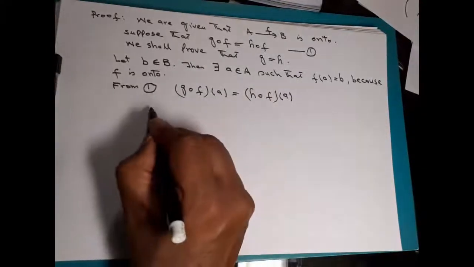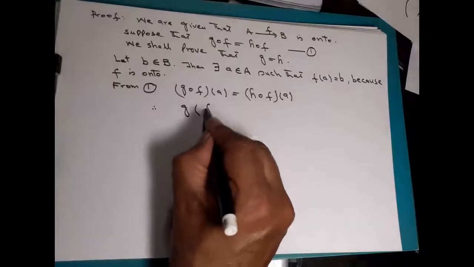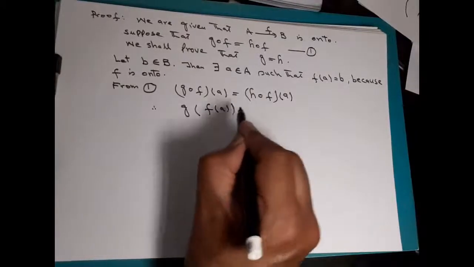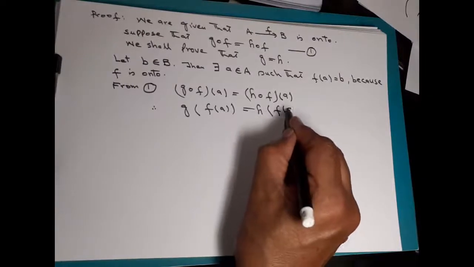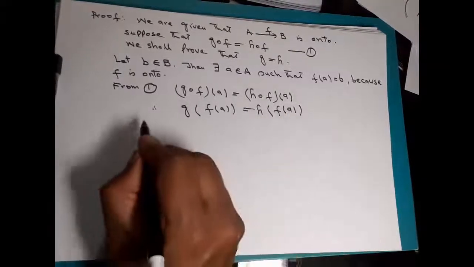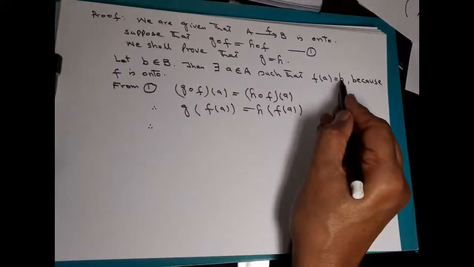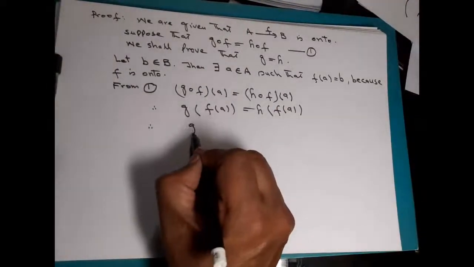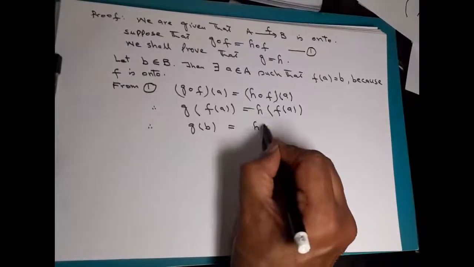And therefore this means that G of F(a) is equal to H of F(a). This is what composition means, in fact. And now note that F(a) is equal to b. Therefore G of b is equal to H of b.